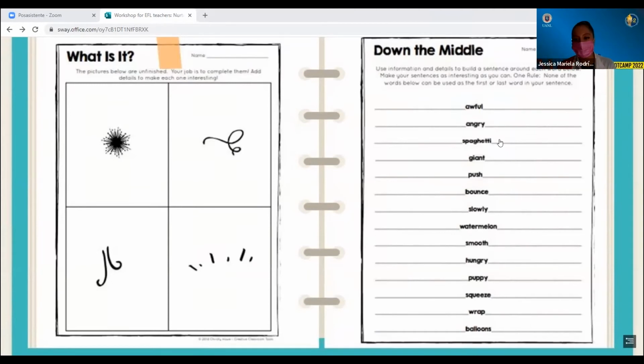If you work on the other one, you have to make up sentences with the word that is given on each line, but you cannot move the word. Okay, the word has to be in the middle of the sentence. All right. So I'm going to give you 3 minutes, only 3 minutes. You don't have to complete all the drawings because we don't have that much time, but at least complete one of them, okay?